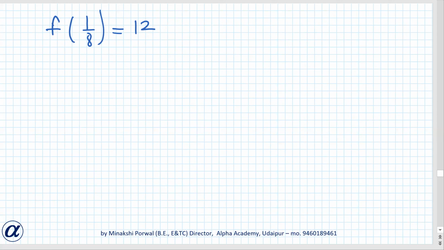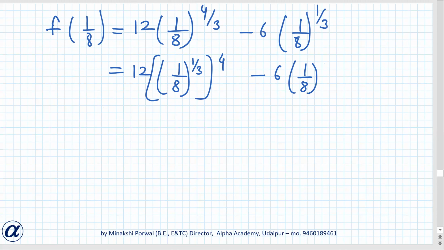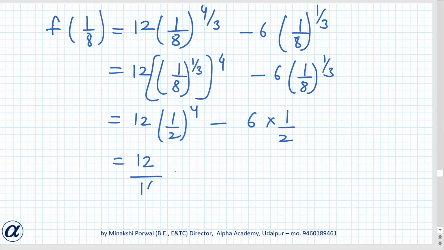So 1 by 8 to the power 4 by 3 minus 6 into 1 by 8 to the power 1 by 3. So it is 12 into (1 by 8 to the power 1 by 3) whole to the power 4 minus 6 into 1 by 8 to the power 1 by 3, which is equal to 12 into (1 by 2) to the power 4 minus 6 into 1 by 2. That is 12 by 16 minus 3.